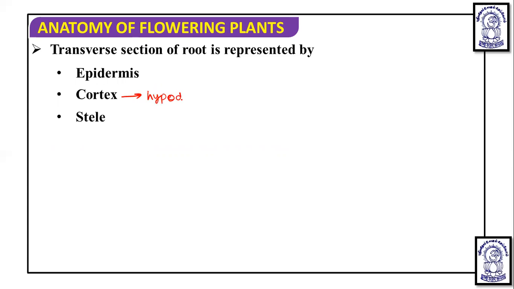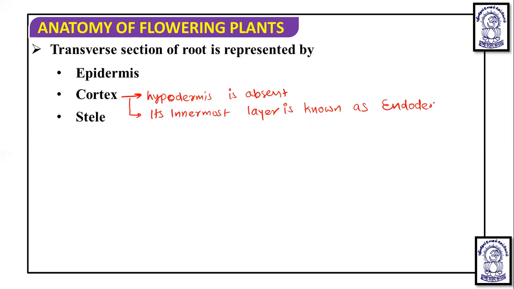hypodermis is absent, which is usually found in the case of the stem, but in root hypodermis is absent, and the innermost layer is known as endodermis.